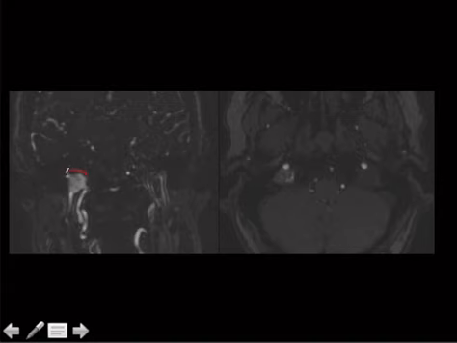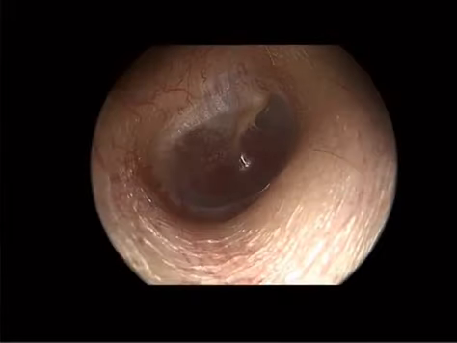Here's an MR that's post-contrast, and it's demonstrating that this mass is super avidly enhancing, right? This thing. And you just so happen to take a look in the ear, and you see a big purple thing.